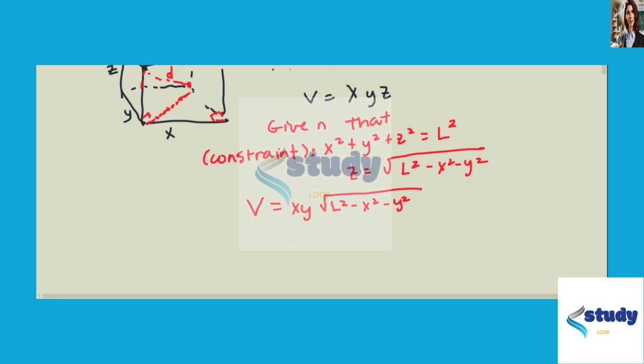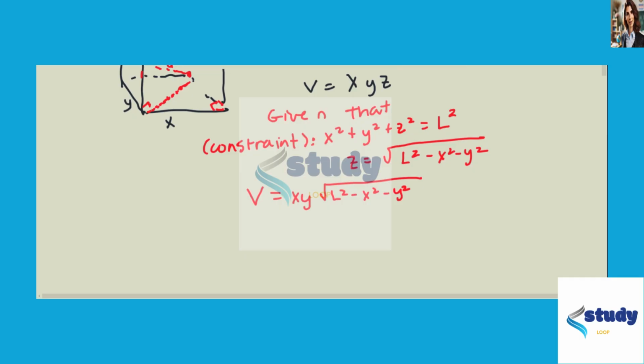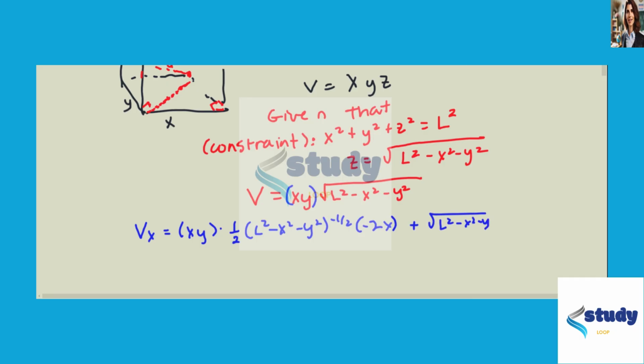In fact, we're going to take two derivatives and find where they're both equal to 0. So let's do v sub x first. This will be my first, and the square root will be my second. First times the derivative of the second, plus the second times the derivative of the first.